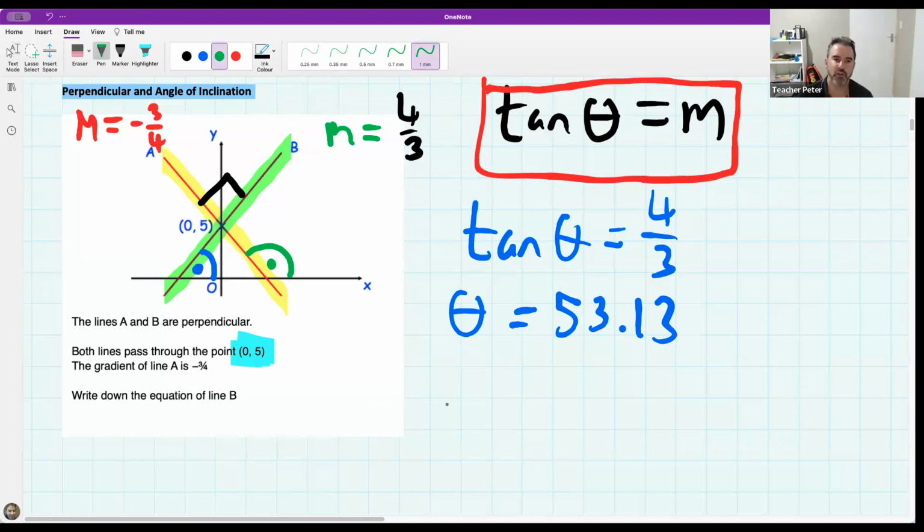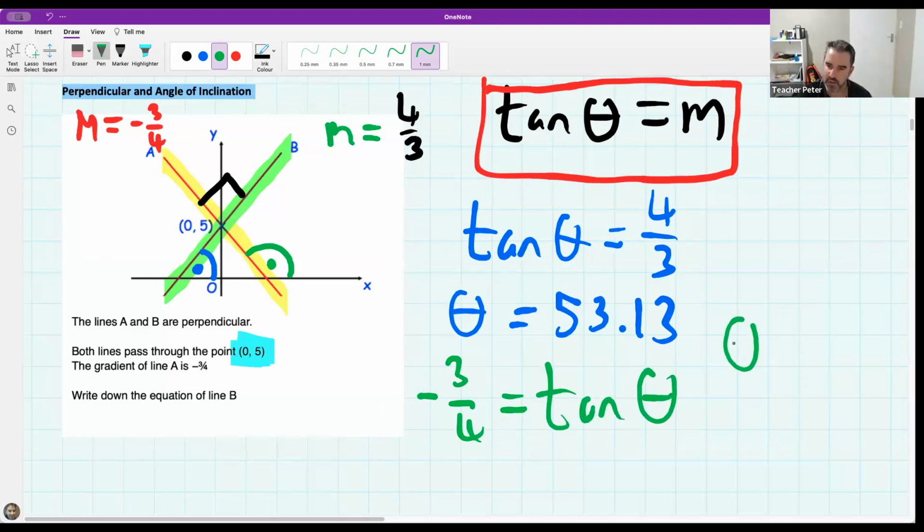So first of all, we're going to have to make minus 3 over 4 equal to the tan of theta. And then we're going to find theta, but something rather strange is going to happen.